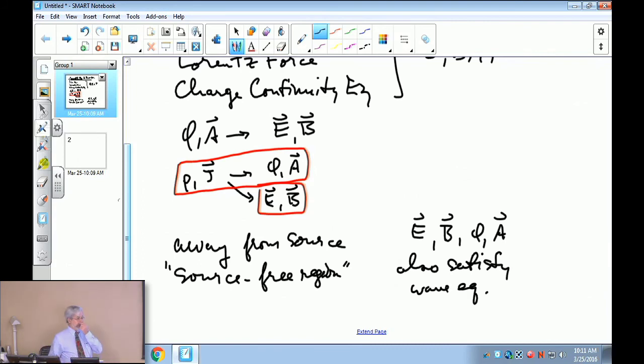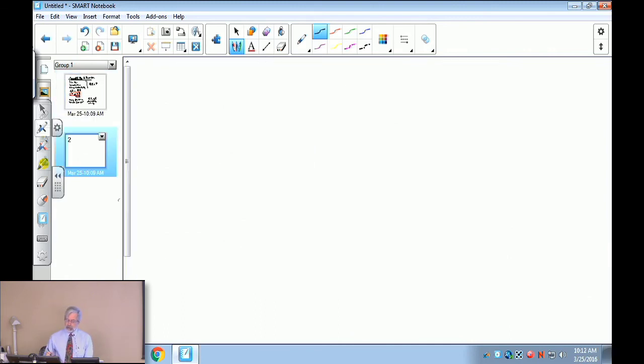And so we're going to study the wave equation as a mathematical formalism.